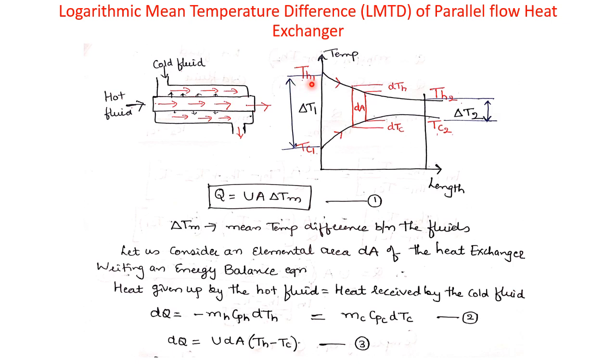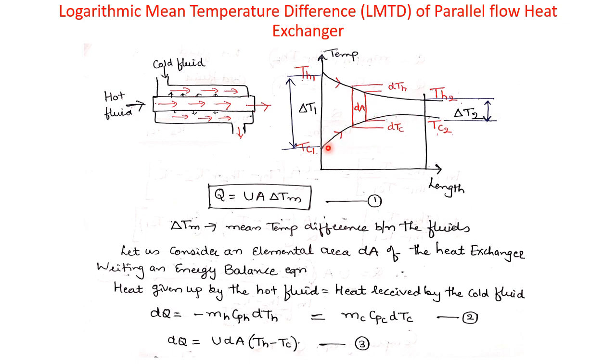Let TH1 be the temperature of the hot fluid which is entering the heat exchanger, which is shown here. So the temperature of the hot fluid goes on decreasing along the length of the heat exchanger. See here the graph, we can see the temperature goes on decreasing, whereas the cold fluid is gaining the heat which is received from the hot fluid, so its temperature goes on increasing when it moves along the length of the heat exchanger.